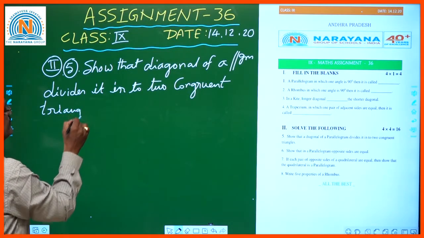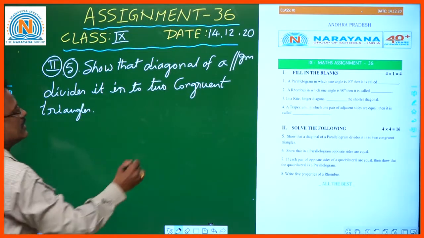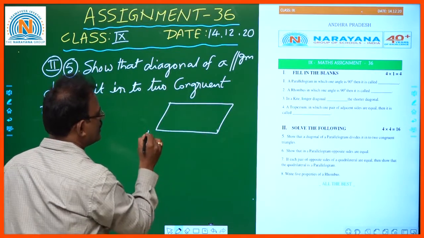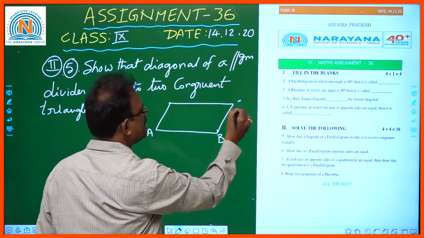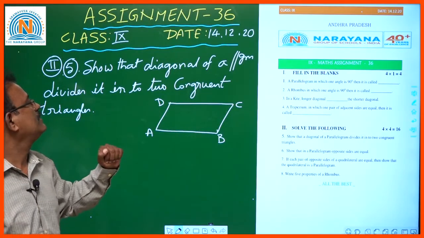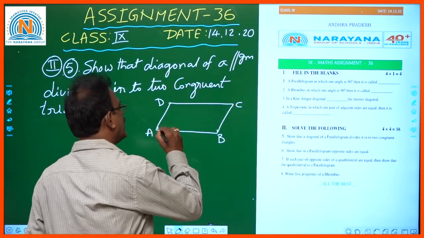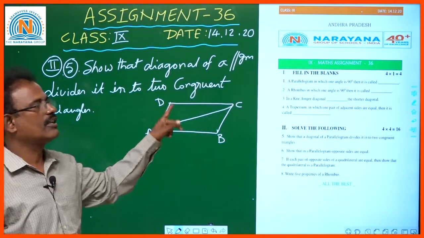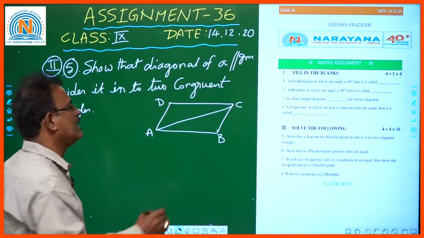See, children, what is the given information here? They gave one parallelogram. Let us name it ABCD. Okay, ABCD is a parallelogram. Then AC is a diagonal. The diagonal divides the total parallelogram into two triangles.